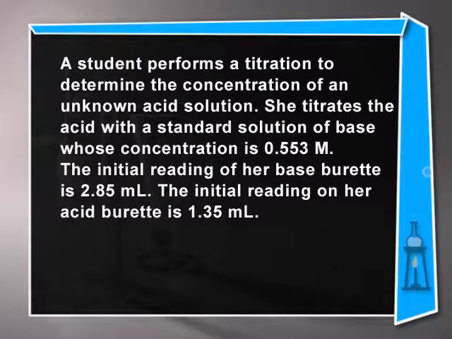Here's the problem. A student performs a titration to determine the concentration of an unknown acid solution. She titrates the acid with a standard solution of base whose concentration is 0.553 molar. The initial reading of her base burette is 2.85 milliliters. The initial reading on her acid burette is 1.35 milliliters.